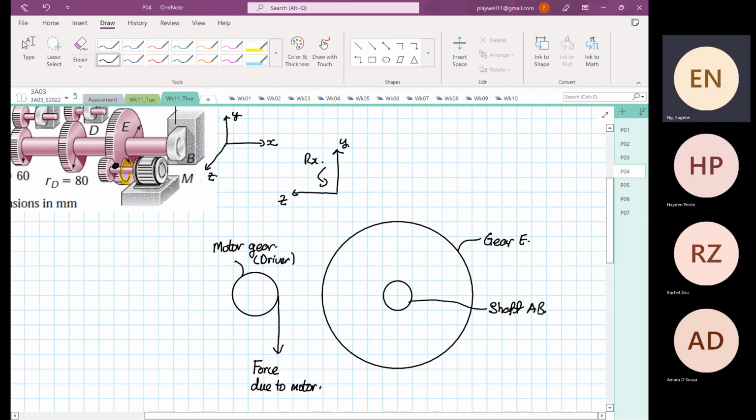Now gear E on shaft AB is also known as the driver gear. Okay. So the driver gear. Now some of you will ask me, Eugene, why is the motor force going down?